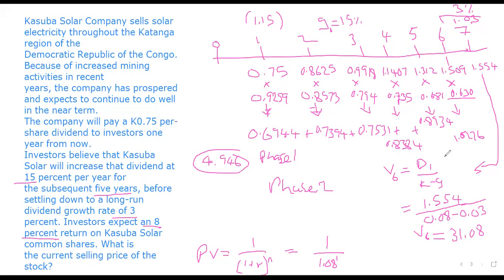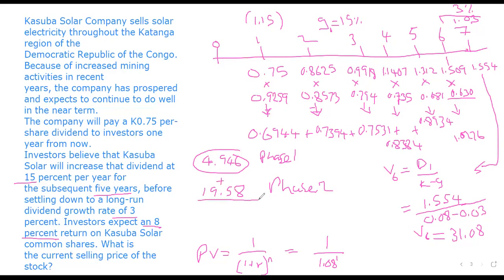What are you getting? You're multiplying by what? 0.630. What are you getting? 19.58. Correct. So 19.58. Add these two stocks.